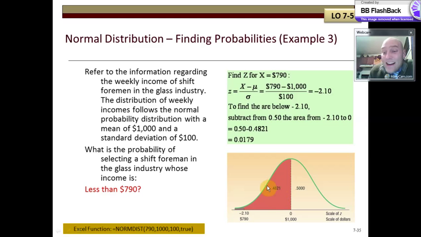If I subtract this area right here, 0.4821, I'm left with 0.0179, or a 1.79% chance that if I select a person at random, that person makes less than $790 a week. I went from the raw score 790 to the z-score of negative 2.1 to the area of 0.4821, subtract it from 0.5, and then I get my probability.